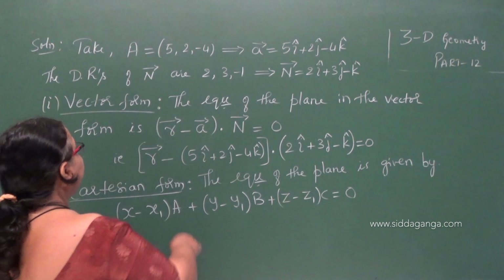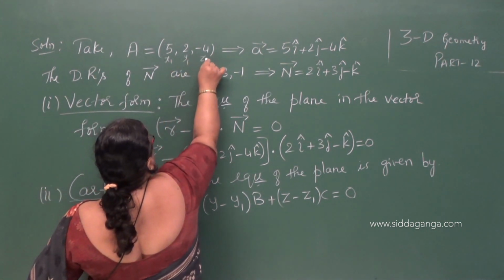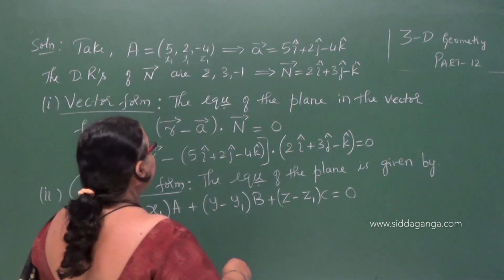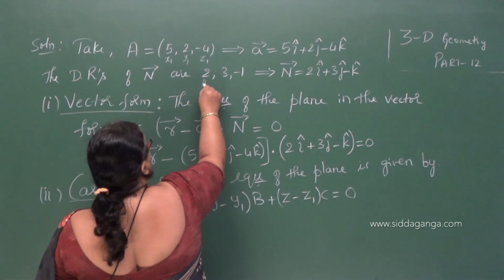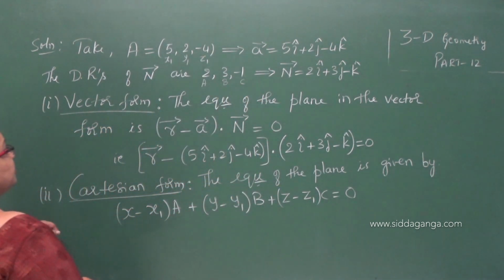The coordinates of the point A are taken as x1, y1, z1, and the direction ratios of the normal vector are a, b, c.